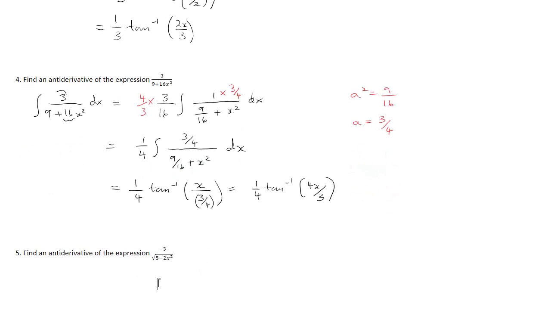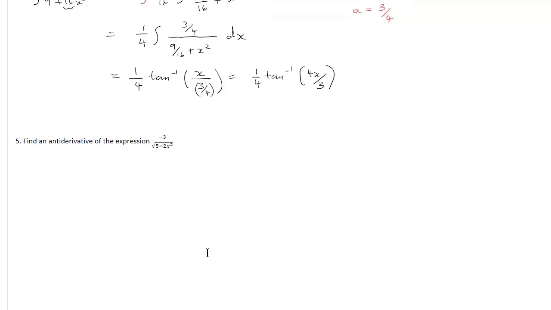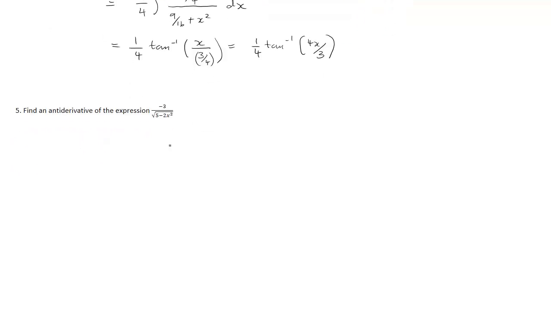Okay, let's have a look at this example here. This is our final example of the tutorial. Let's have a look at how to do this one. So find an antiderivative of this expression. Again, we have a negative there. So we can just turn it into a cosine.